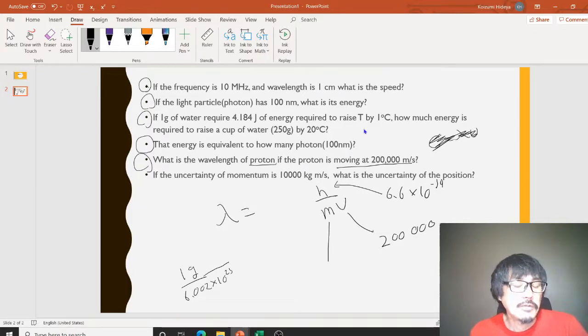I may be wrong on this one, but the Avogadro number goes here. Then 1 gram is 0.001 kilogram. I need to use SI units, right?